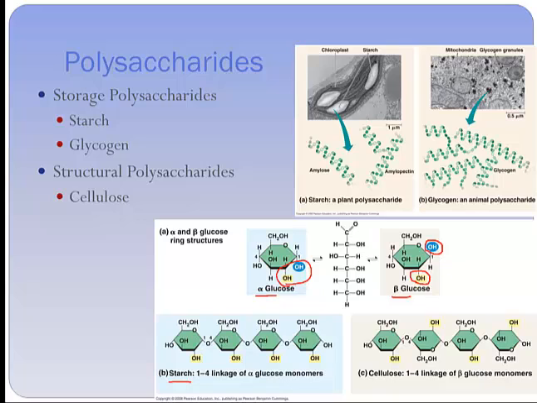And when we put them in a different location, we change the structure of the molecule, and that changes the way the molecule reacts, some of its features. So if we have alpha glucose and we put four of them together, we can create starch. If we take beta glucose and put four of them together, we can get cellulose.